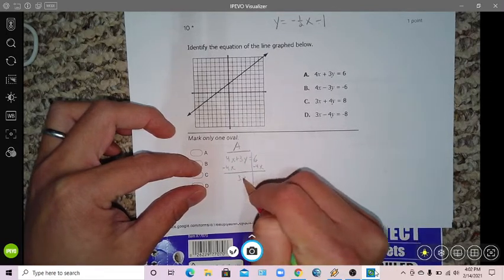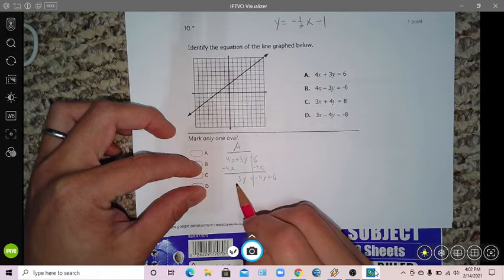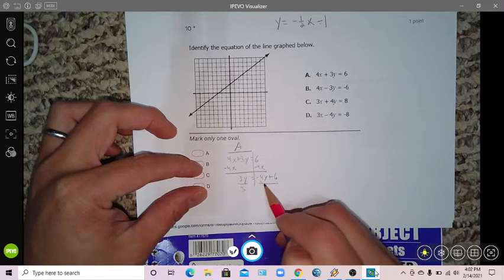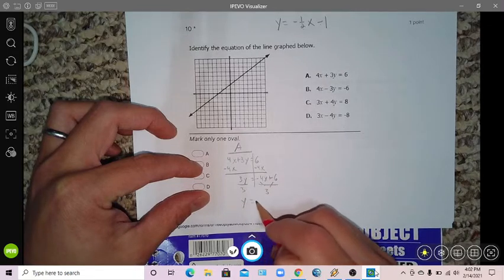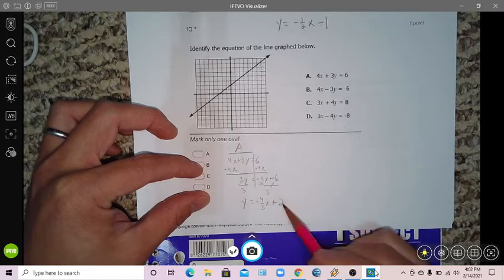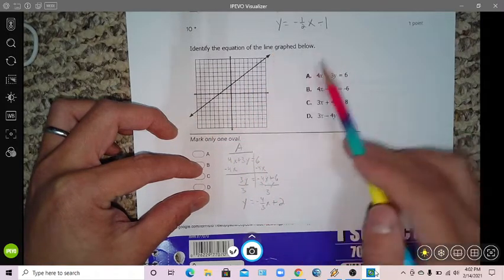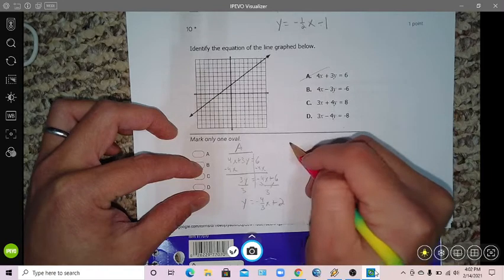I get 3y equals negative 4x plus 6. Then I divide by 3. So I get y equals negative 4 over 3x plus 2, since 6 divided by 3 is 2. The y-intercept is 2. The slope here is negative, but the slope in the graph is positive, so it's not A. Now let's try B.